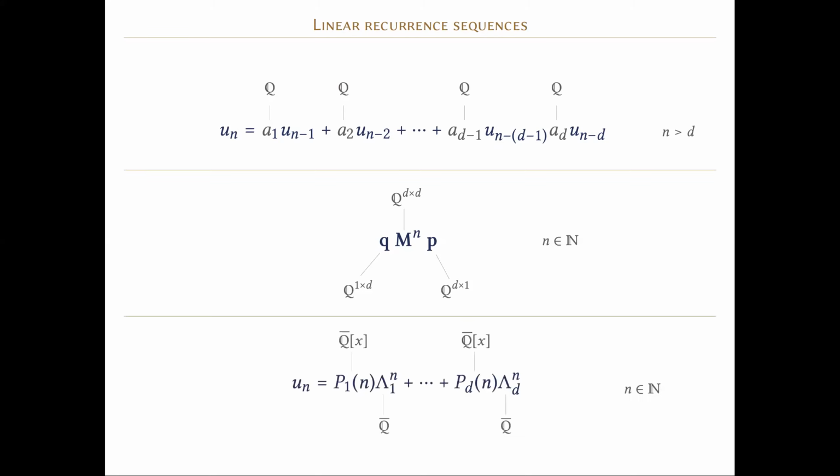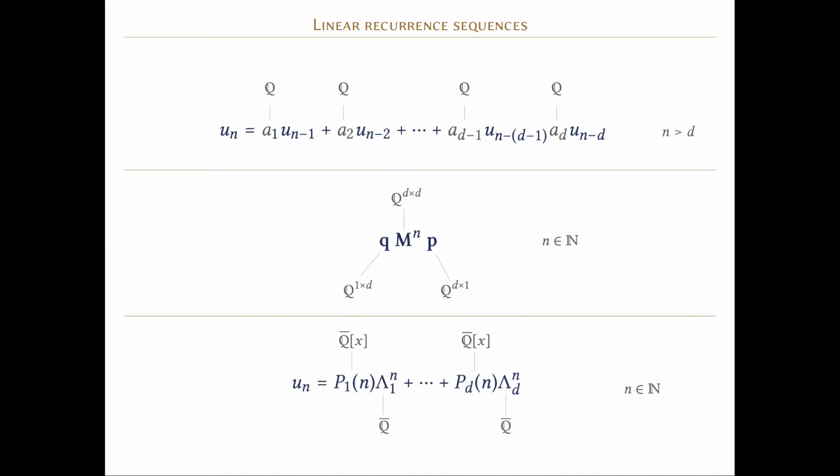Finally, here's another definition of the same class, but this is the most amenable to analysis. So the nth element is a sum of entries of the following form: a polynomial in n whose coefficients are algebraic numbers, multiplied by lambda i raised to the power of n. So here lambda i is also an algebraic number.